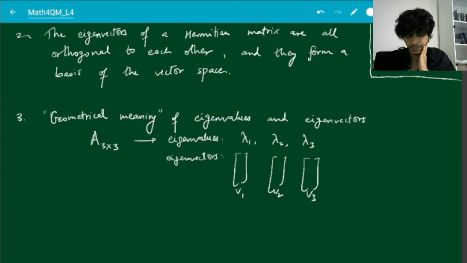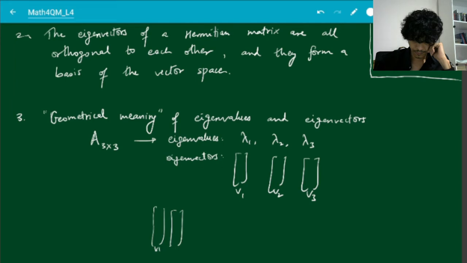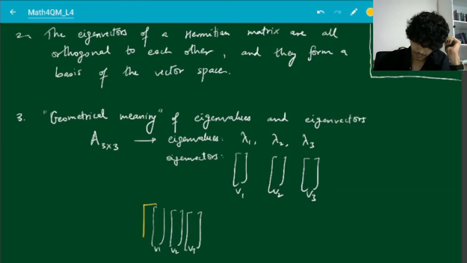I said eigenvector means it can have any length, but you take the normalized eigenvectors. So you take the vector v1 and normalize it, take the vector v2, normalize it, take the vector v3, normalize it. Those normalized eigenvectors, if you stack them up next to each other, so v1, v2, v3, you agree you'll get a 3 cross 3 matrix. This 3 cross 3 matrix is unitary.